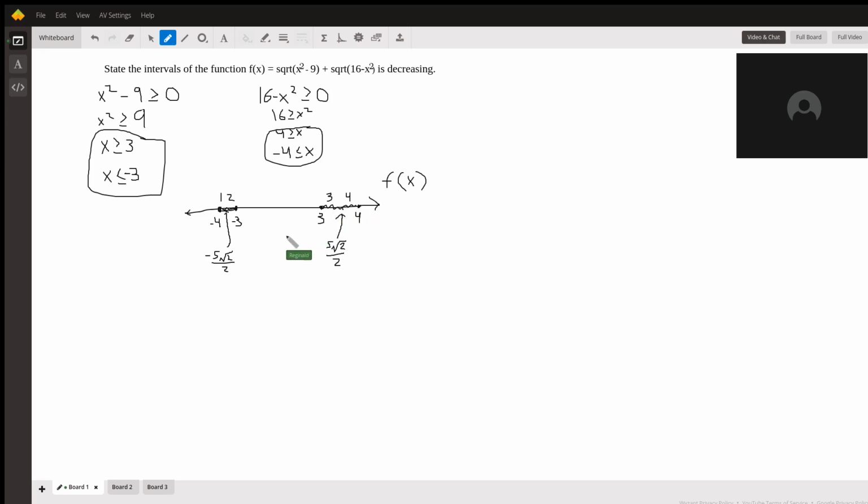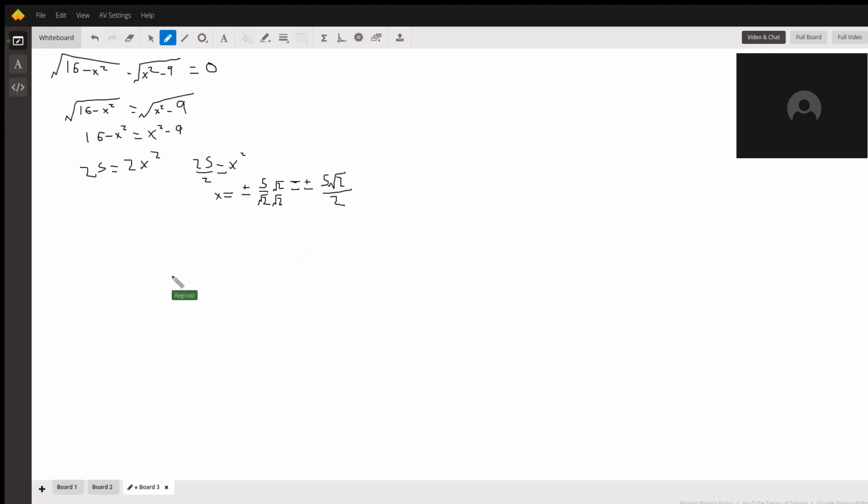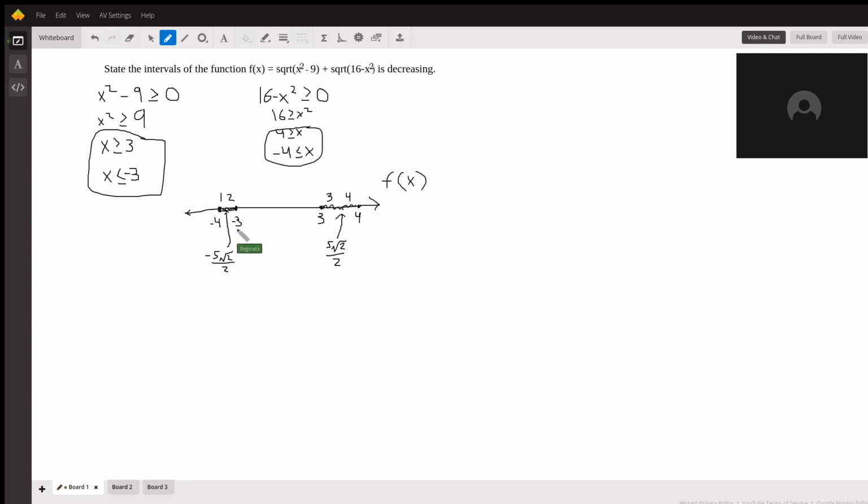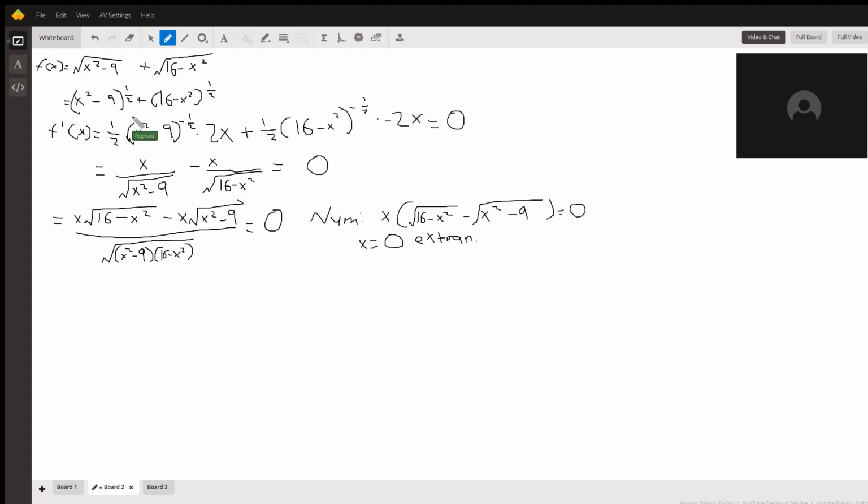So if I were to put a number between -4 and -5 square root of 2 over 2 into the first derivative, and it comes out to be positive, then it's increasing.